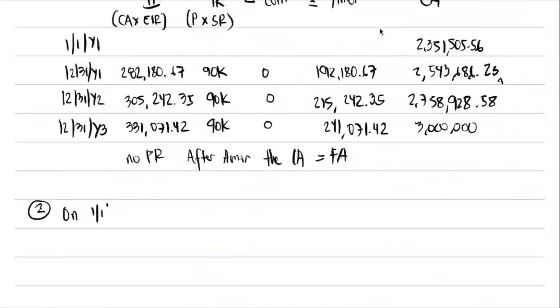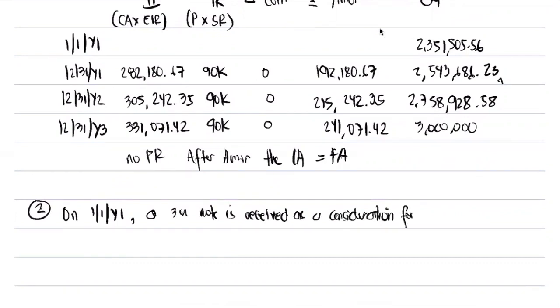On January 1, year 1, a 3 million note is received as a consideration for the sale of goods.